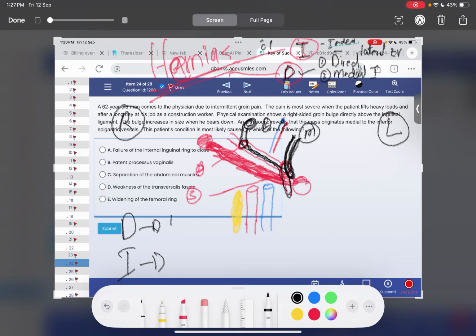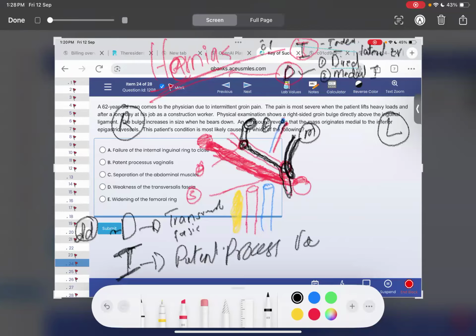So there is a problem in the transversalis fascia, mainly in old age. And what is the pathophysiology of indirect hernia? Basically, there is a patent processus vaginalis. Do you know processus vaginalis? The pathology is the patent processus vaginalis. Have you got the point?